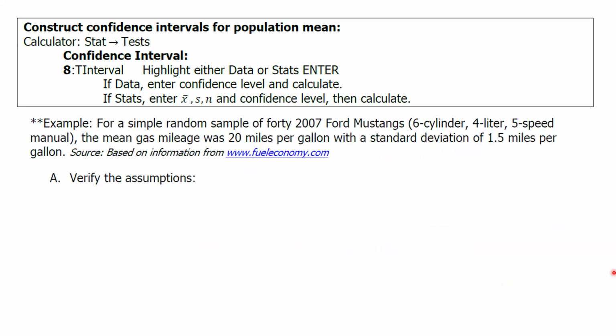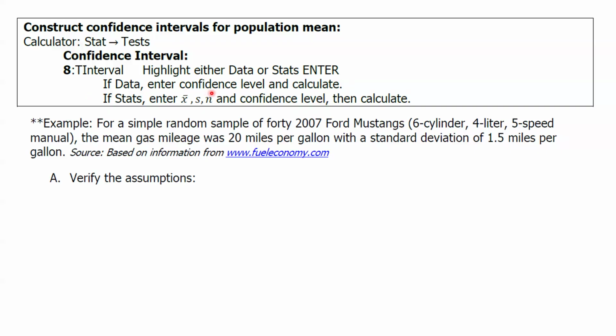To construct a confidence interval for a population mean, we can utilize the calculator. In our calculator, we will go to stat and then over to tests. The test we are using is number 8, the T interval. In this interval, we're going to highlight either the data that we've entered into our calculator or stats if we know the statistics that were given to us.